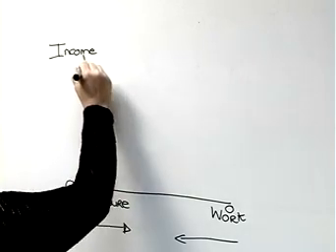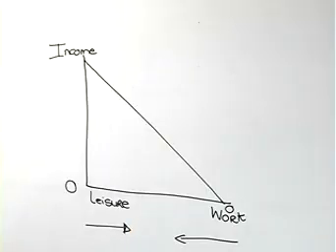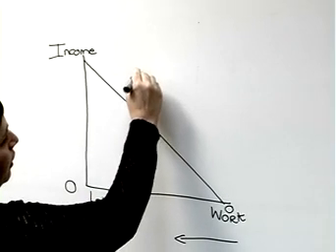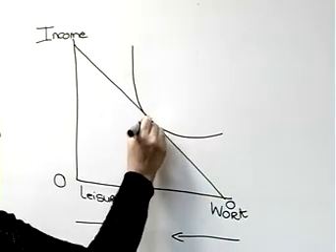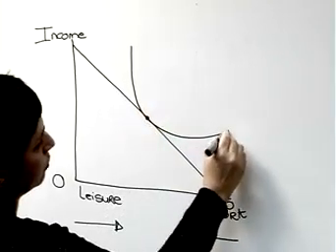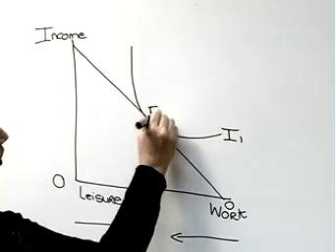To start off, you draw the budget line just to see where you're going to start. Get your tangency point for this, E1, I1 from E1.